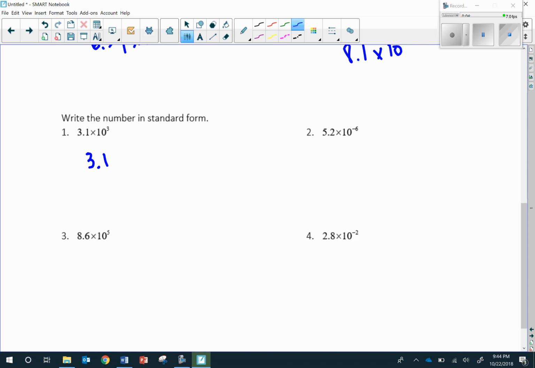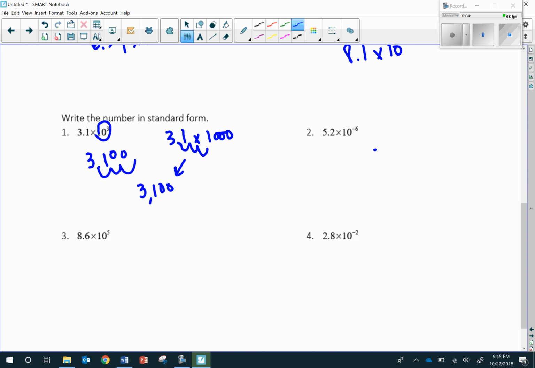So 1, 2, 3, fill in my zeros. My answer is 3,100. You can also check this and think that 10 cubed, you know, is 1,000. So 3.1 times 1,000 is simply 1, 2, 3, which leaves you the same number of 3,100.